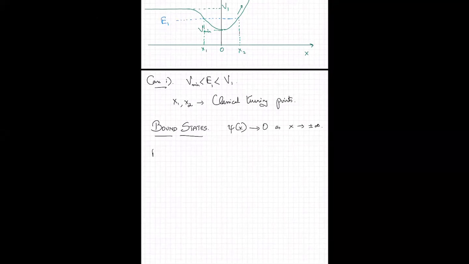An example would be the box potential that I'm sure many of you have seen. In the box potential, what you basically have is, this is your x-axis.